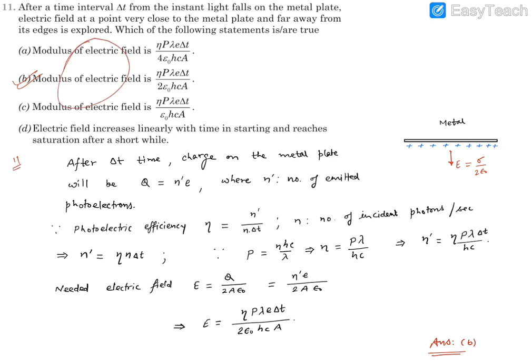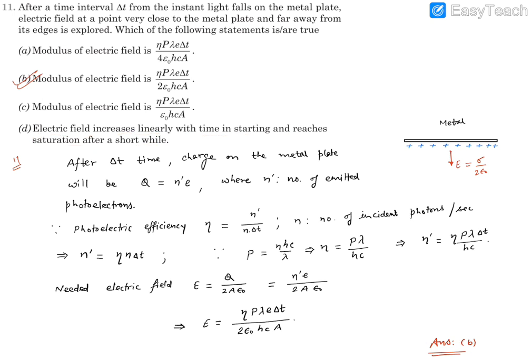Options A, B, C are talking about similar things, I mean the same thing, which is the electric field. So B is found to be correct, and A and C won't be correct. D says the electric field increases linearly with time in the starting and reaches saturation after a short while.